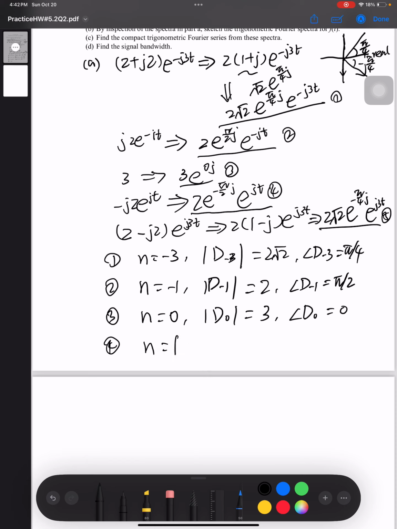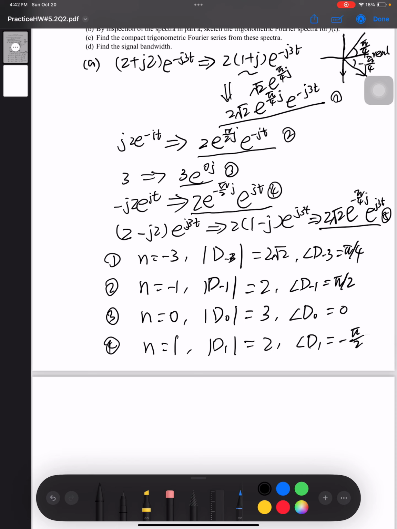And the fourth term, n equals 1, and the amplitude equals 2, and the phase equals minus pi over 2.